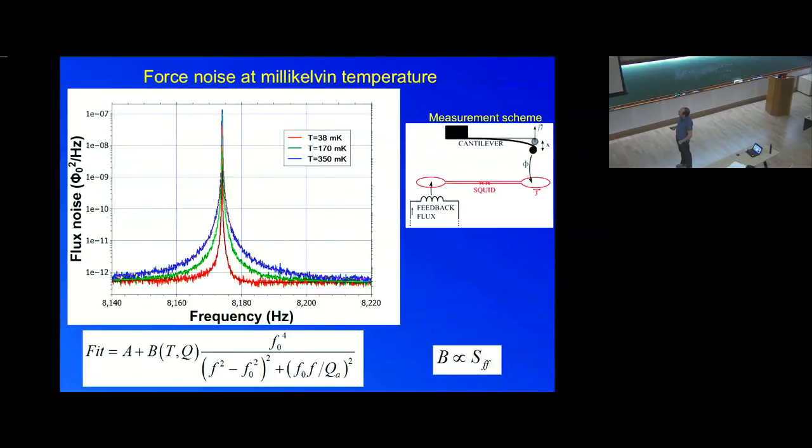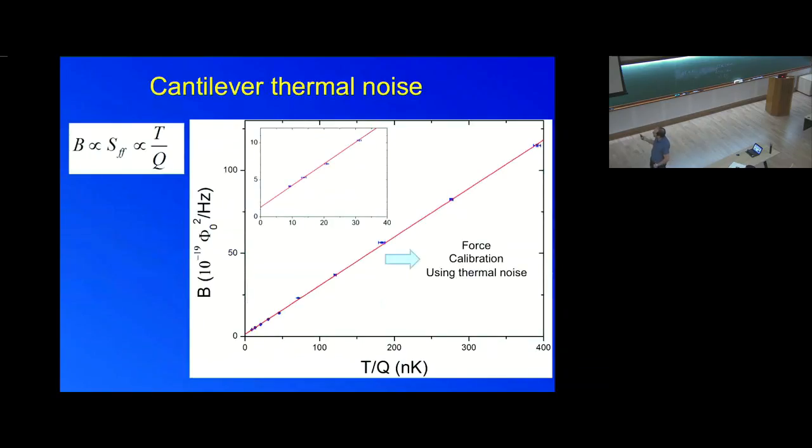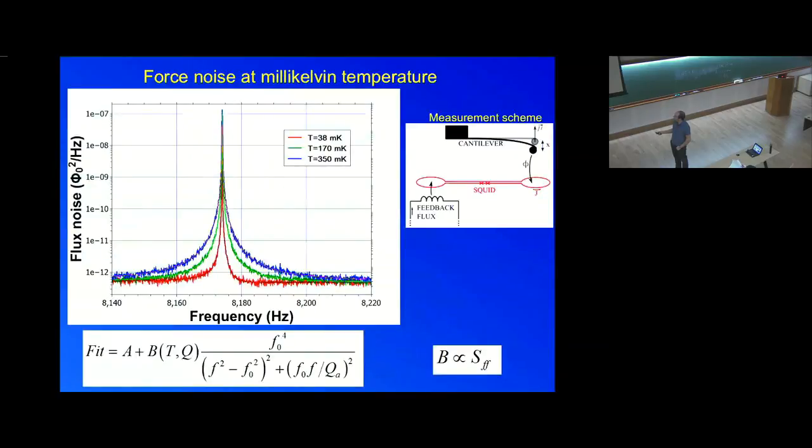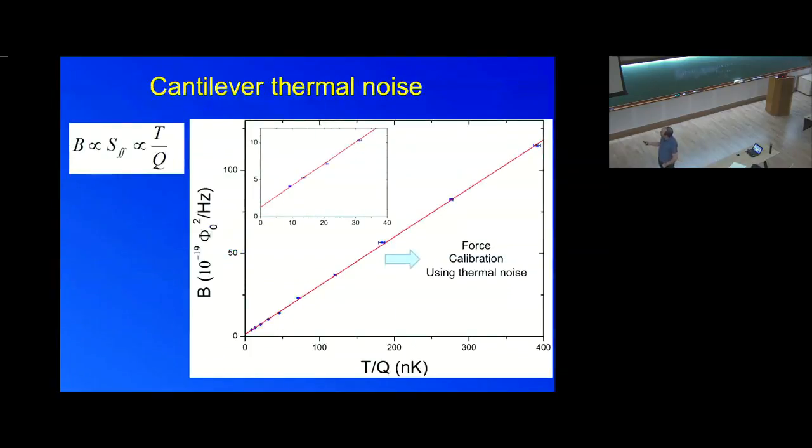And so you measure the noise as a function of the temperature, and you get this curve in which I plot this quantity, which is the amplitude of the Lorentzian you get from a fit. And this quantity scales with P over Q, which is what you expect from thermal noise.